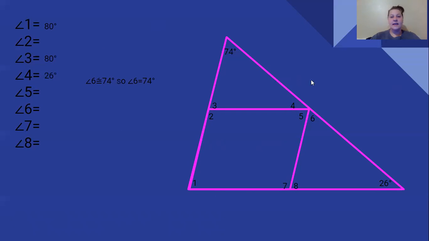Angle 6 is congruent with 74. Again, if we lay the triangles on top of each other, they are going to line up perfectly. So angle 6 is congruent to 74.